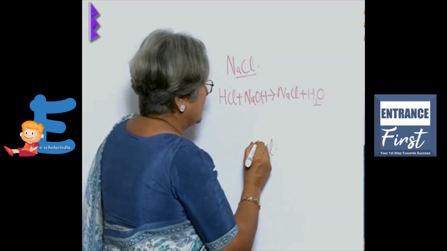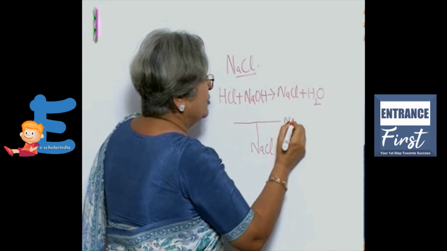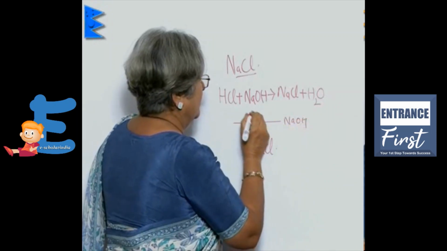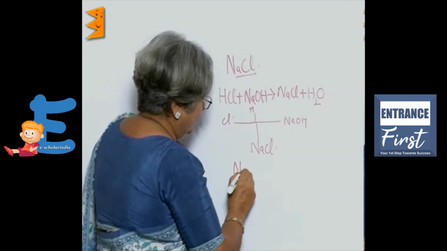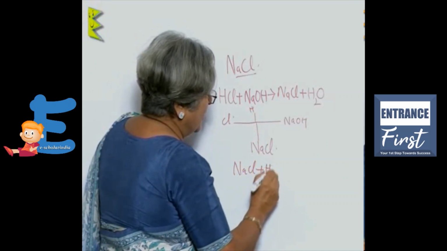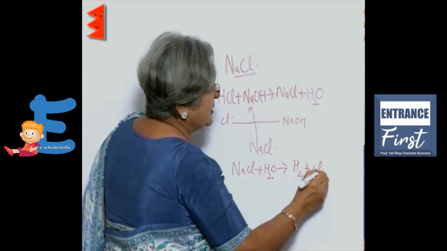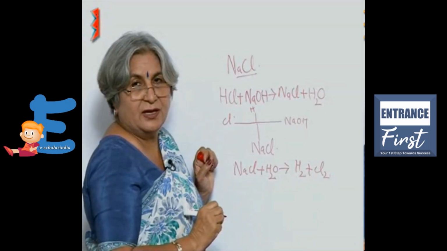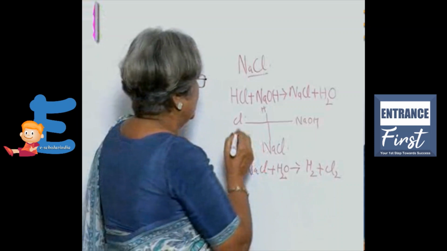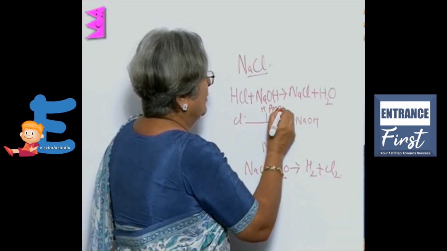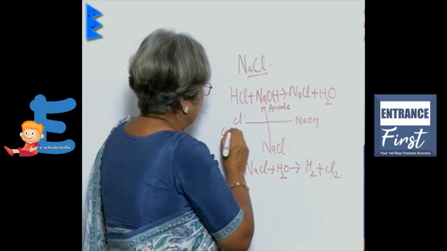What will happen is, it will produce NaOH, hydrogen and chlorine. NaCl plus water gives us NaOH plus H2 plus Cl2. Now hydrogen is a positive ion, so it will get collected at the anode, while the chlorine will get collected at the cathode.